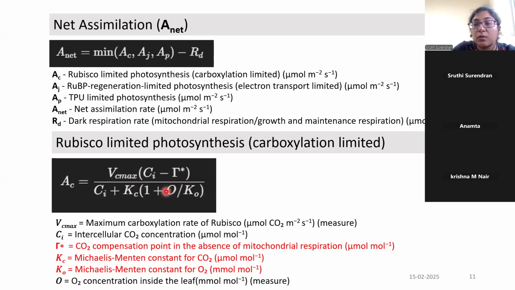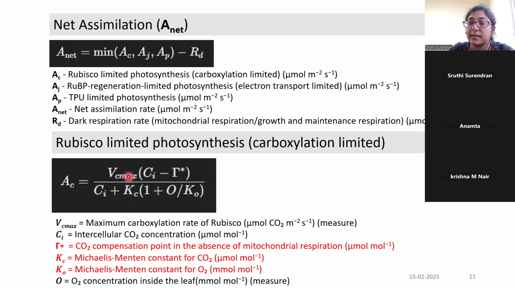Now, oxygen, we know that in the atmosphere, oxygen is around 210 mole fraction. Sorry, I forgot about the unit, but we know the oxygen concentration. Now, VC max is some input that we need to know by measuring.